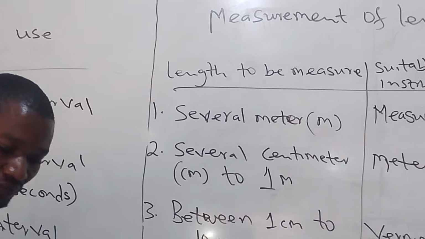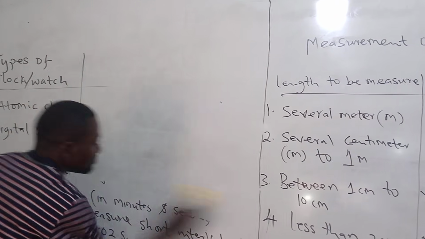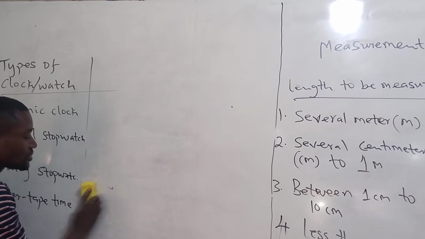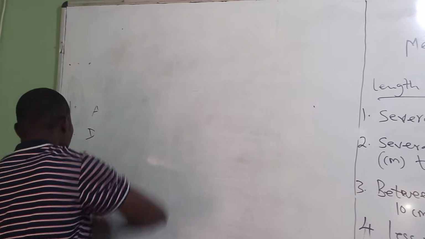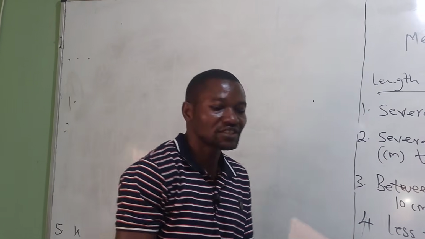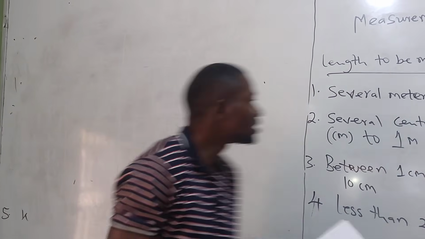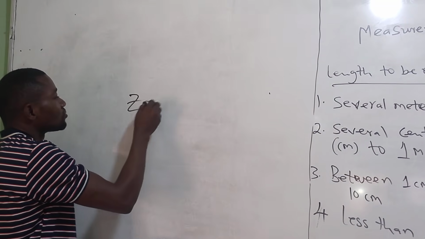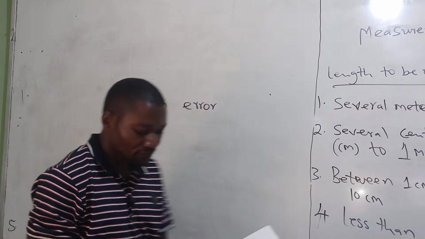And for every measurement, it is very, very important that all our measuring instruments are set to 0 before we start measurement. Set to 0. And why? To avoid what we call zero error.